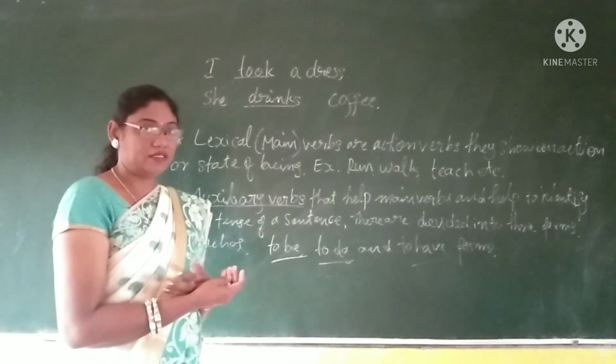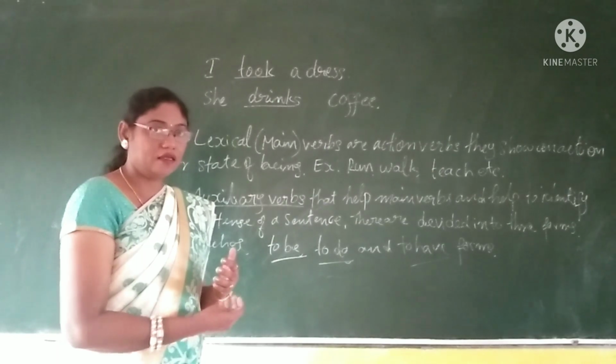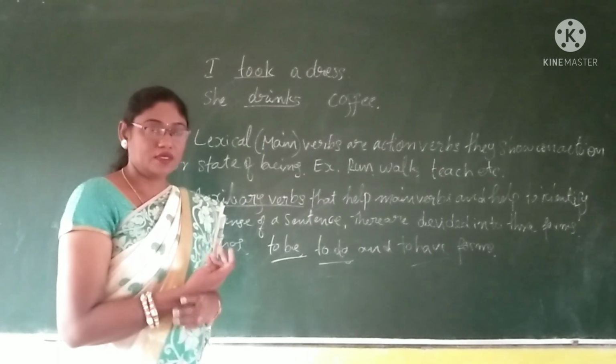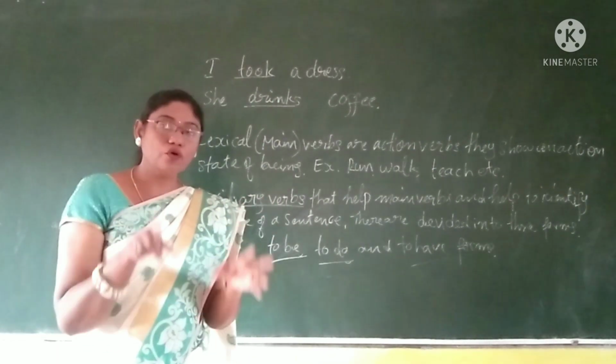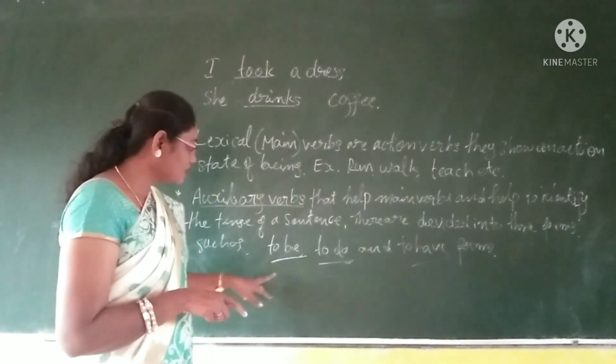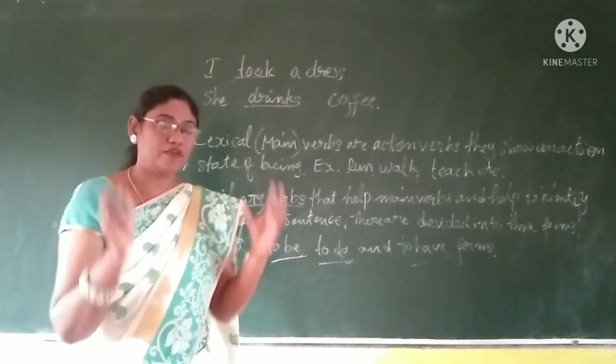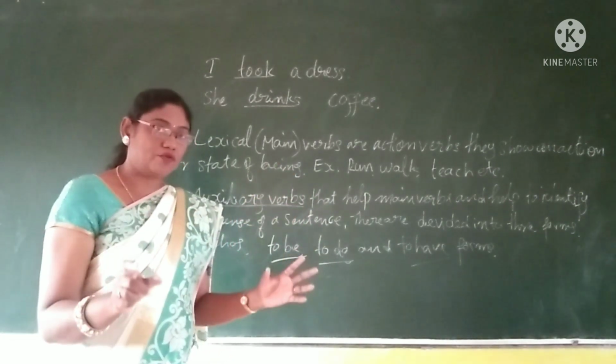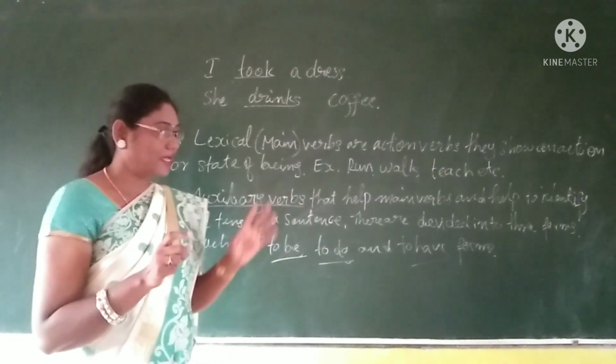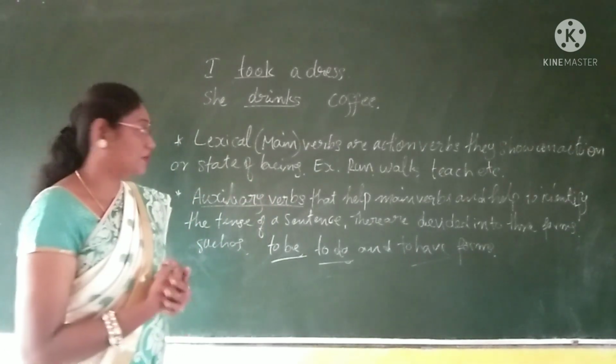Let's see one by one how to use them in sentences. If you are able to use these auxiliary verbs in sentences, you can speak English well. So you have to concentrate more in this area.